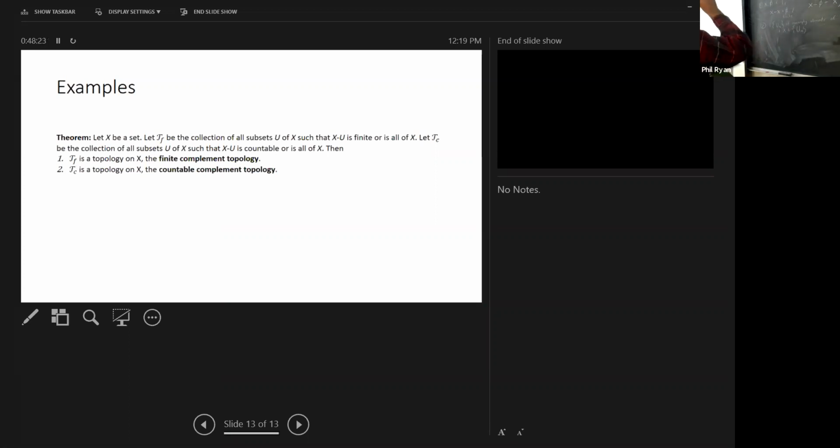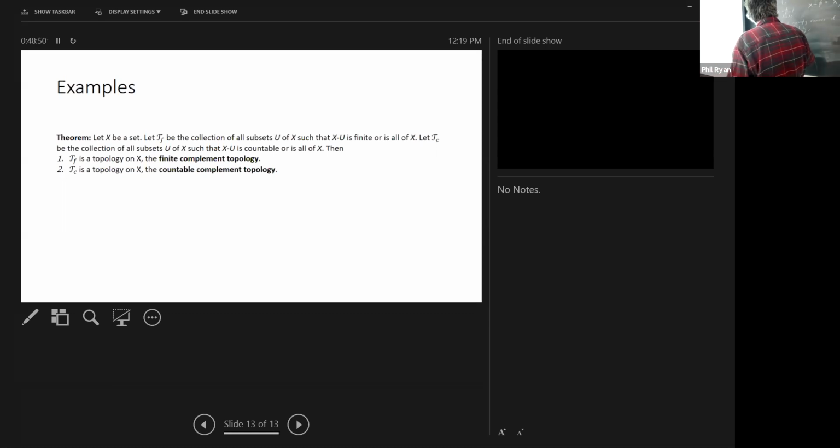So let's assume then that X is not in there. Okay, so what are we interested in? We're interested in that union, possibly arbitrary union of sets.